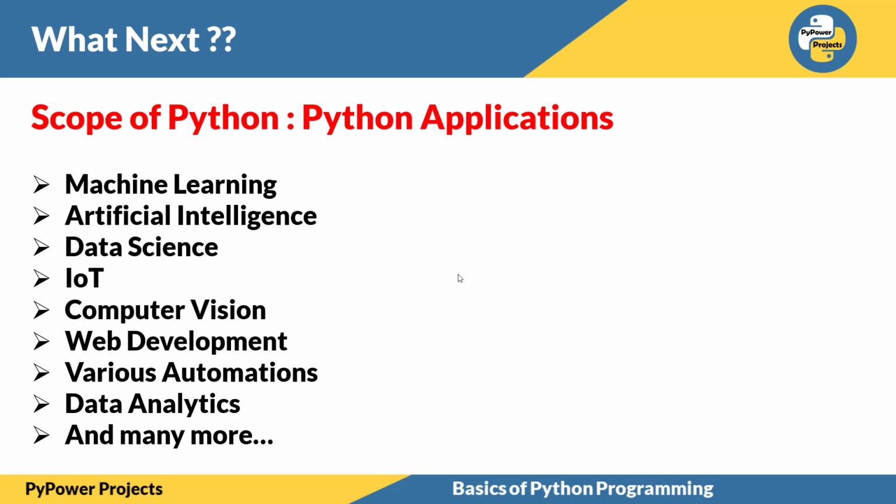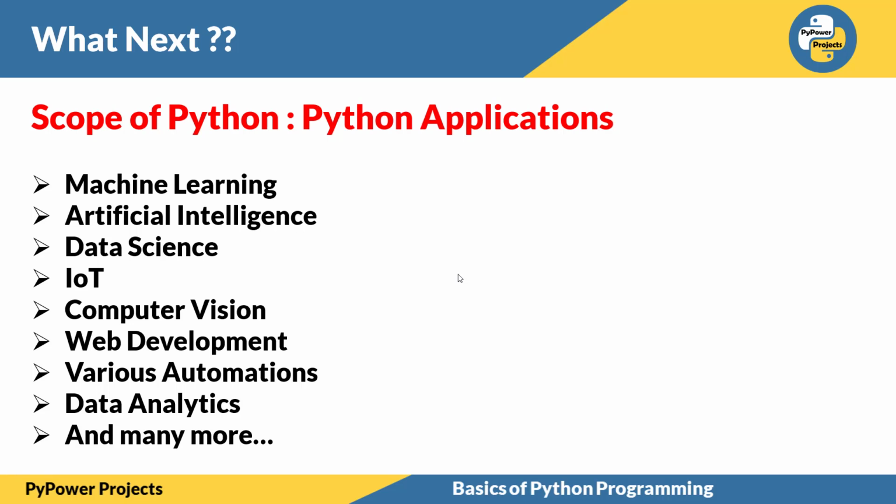Also, once you have just learned basic Python programming, I will recommend you to go and explore data structures. Go for some object-oriented concepts, and then you will get a profound knowledge of Python programming. After that, your scope must be decided, that I need to go into this field of Python.